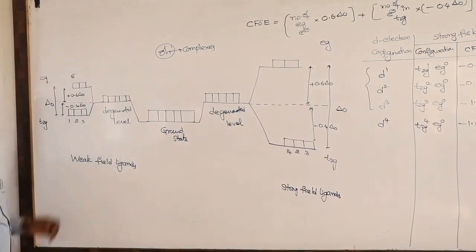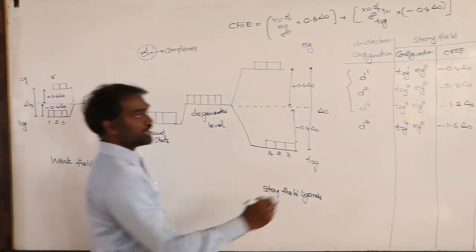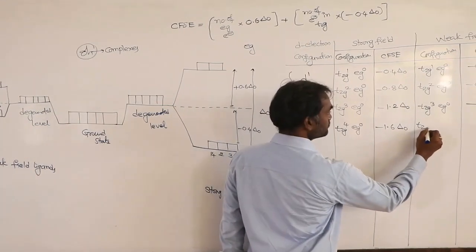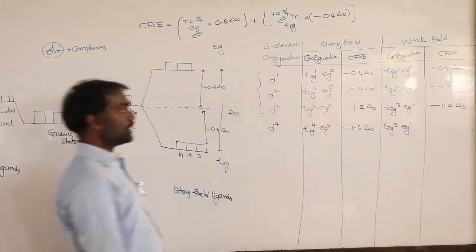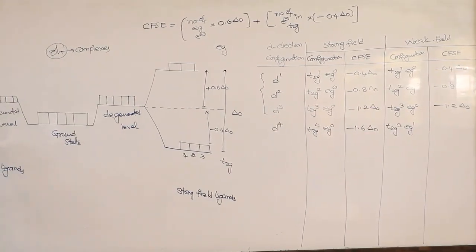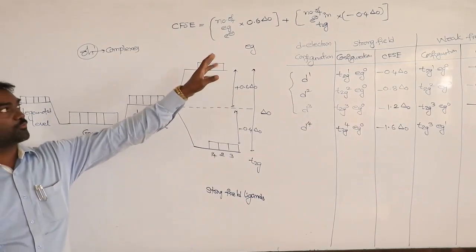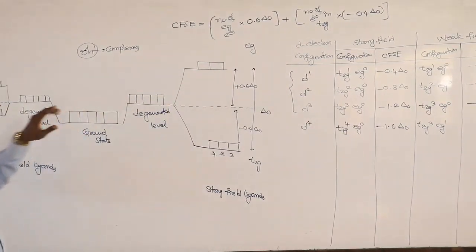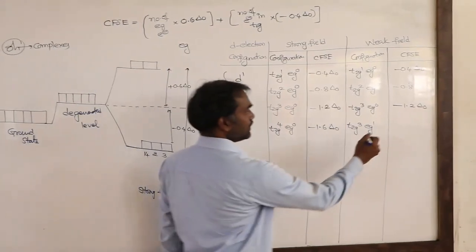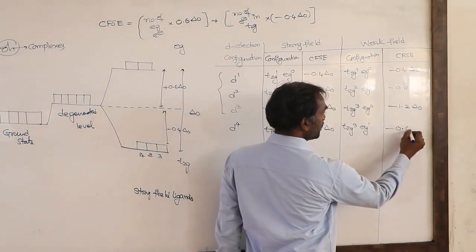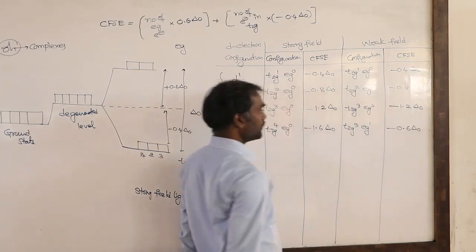So what will be the configuration? T2G3 EG1. So then what happens? 3 into minus 0.4, minus 1.2, plus 0.6. So that means minus 0.6 delta 0.